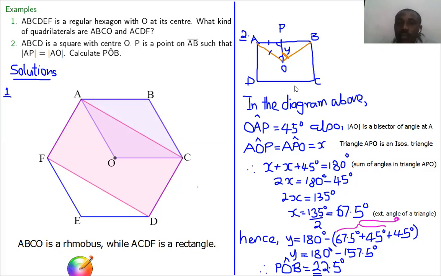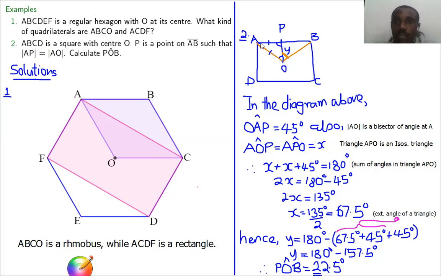Remember that we said the diagonals of a square bisect the angles. Did you remember that? So if I extend this line AO to point C, you see that is the diagonal. So line AO is the diagonal of the square.